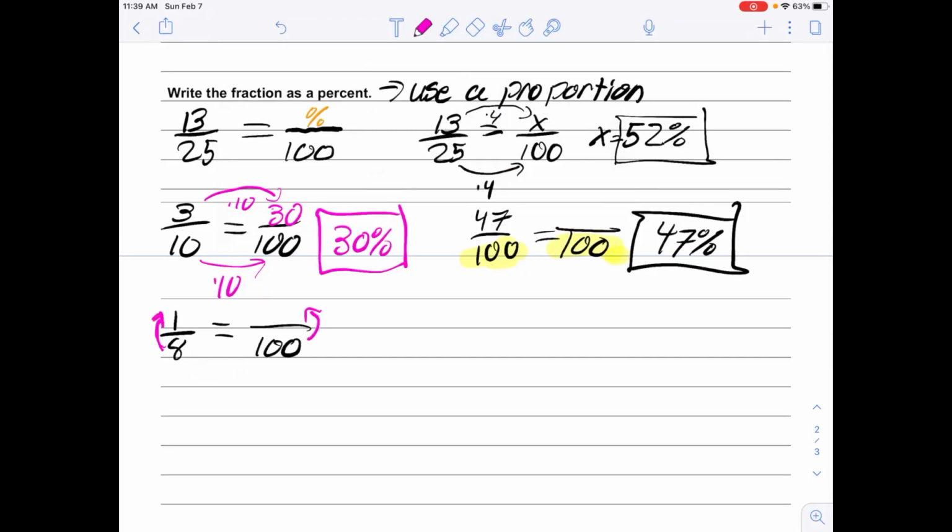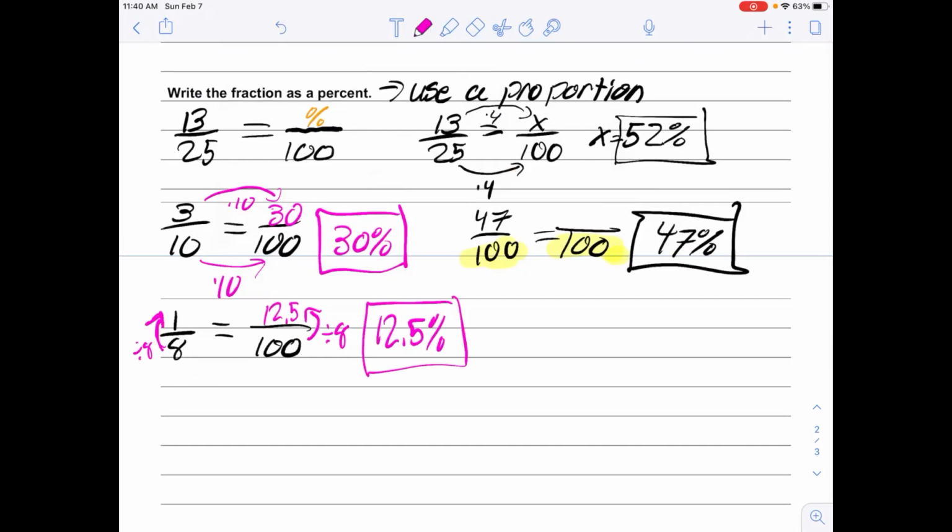So I want to go that way. How do I get from 8 to 1? Well, I divide by 8. So I'm going to do 100 divided by 8. And that gives me 12.5. Giving me the answer 12.5%. And that's okay. It is okay for a percent to be a decimal.